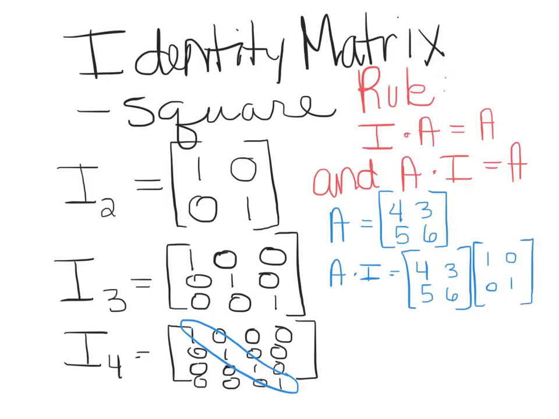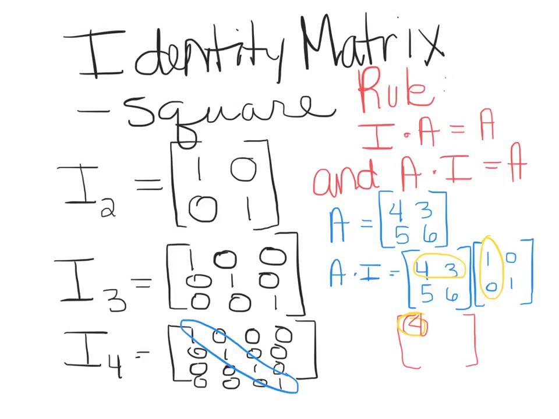I'm going to use the first row with the first column, and that will give me this first row, first column here. So 4 times 1 is 4, plus 3 times 0 is 0. So 4 plus 0, I'm going to put a 4 there.